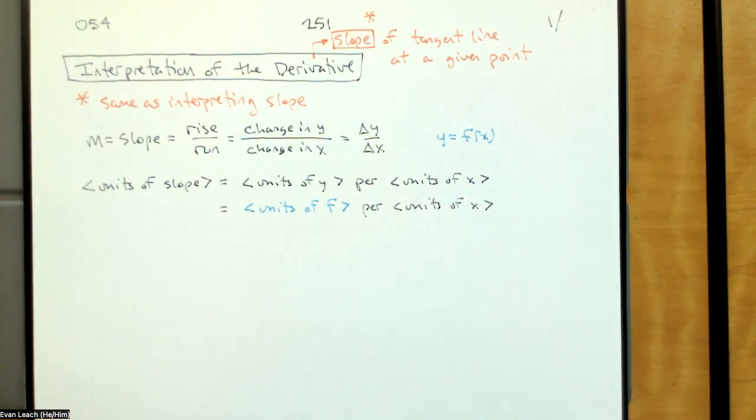When we say the word per, interpret that as divided by. Units of y divided by units of x.